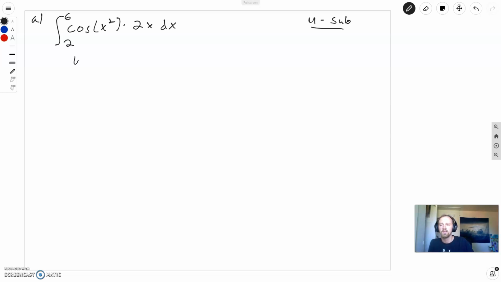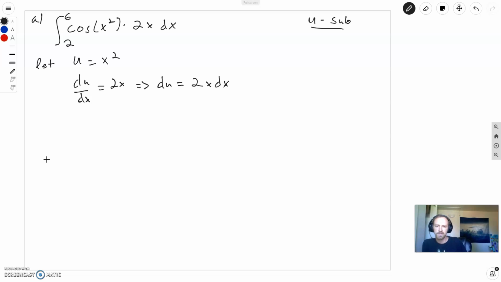Okay, so if I let, we're creating a new variable, let u equal x squared, then du by dx equals 2x. So du equals 2x dx. Okay, we kind of treat these things like a fraction, and I just bring that dx over here. And then what do we see?